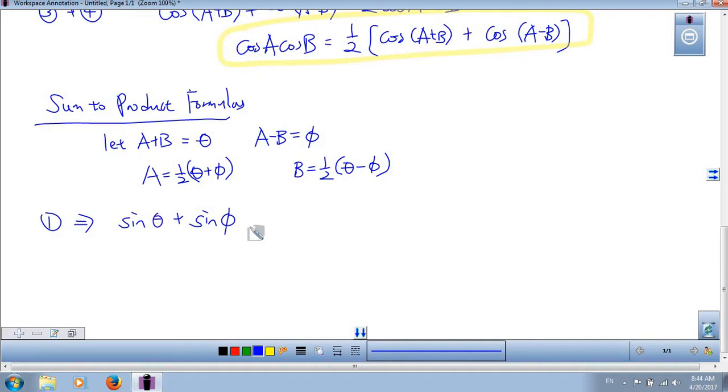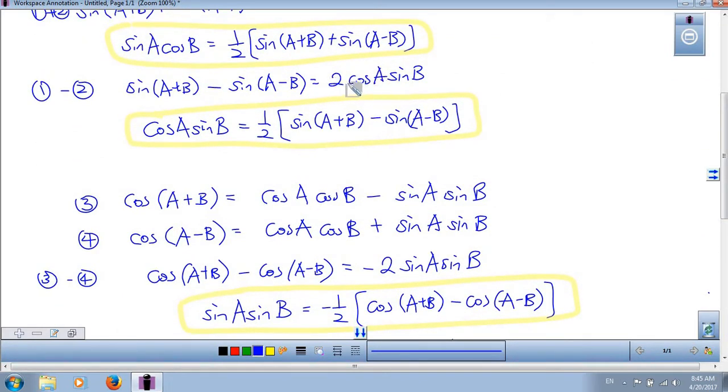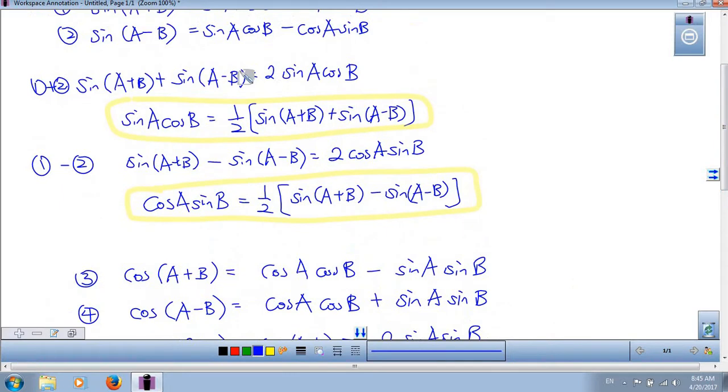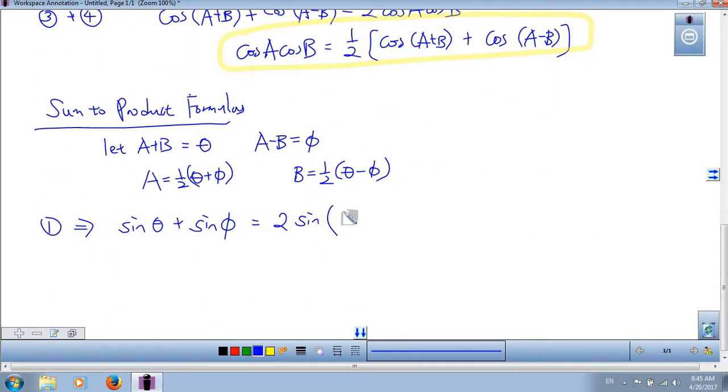Okay, that's A plus B, that's A minus B, and it's going to be equal to, oh, I'm sorry, not this one. Previously here, 2 sine A cosine B. So it's going to be 2 sine A, but what's A? A is 1/2 of theta plus phi, and cosine of B, which is angle B, theta minus phi over 2.